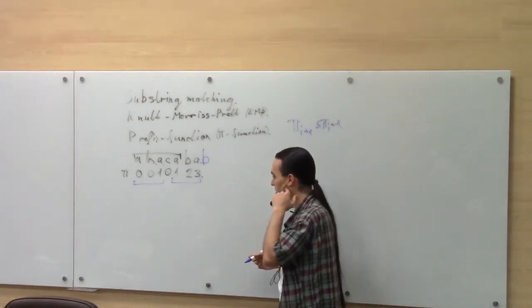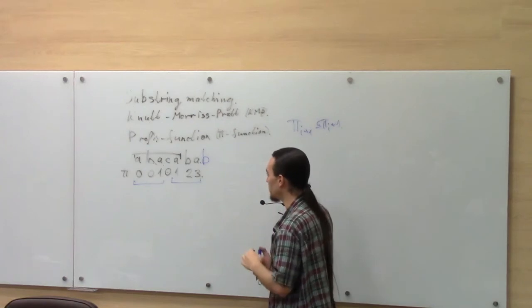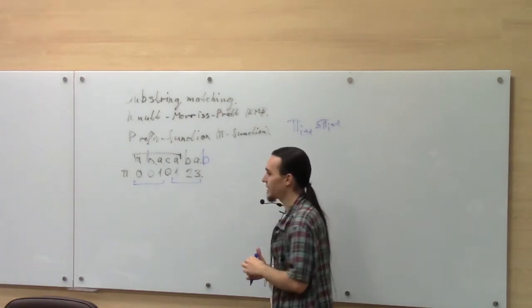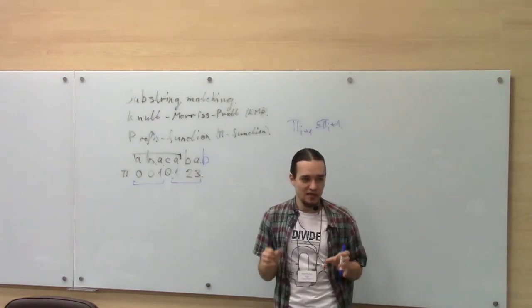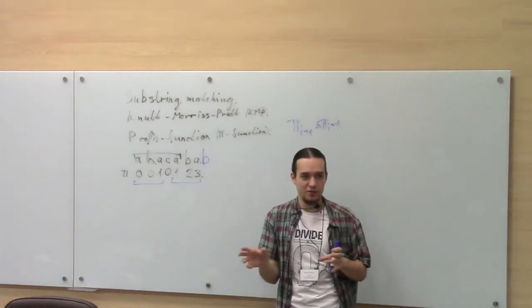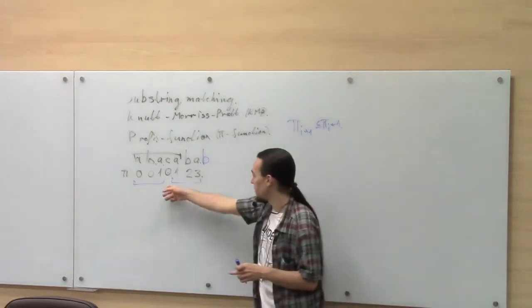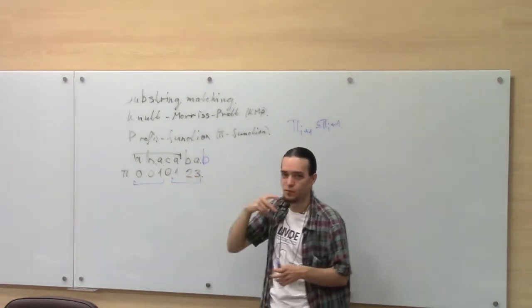Basically, what we are looking for is the next candidate match between the prefix and the suffix that we can have a shot at continuing. Just like here, we tried to continue with the character, but it didn't work.